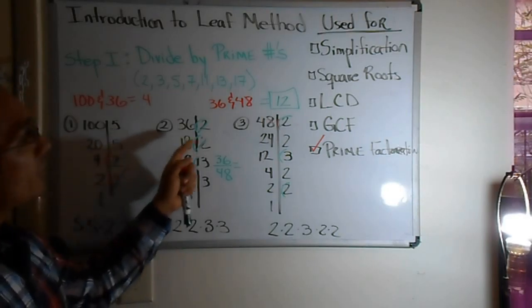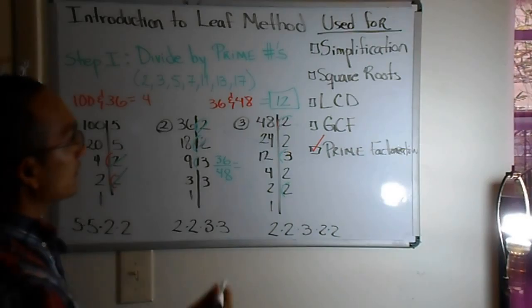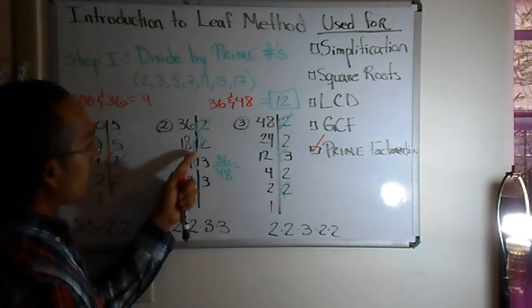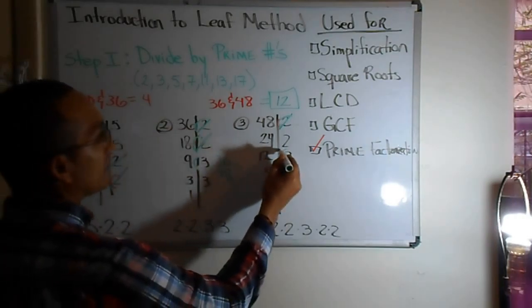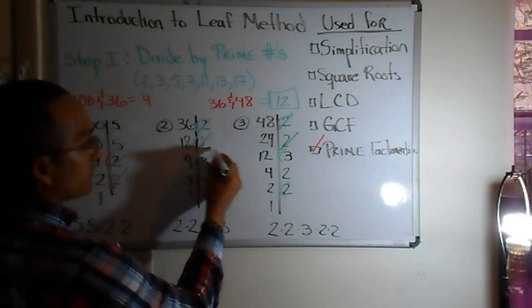Between 36 and 48, what are the factors that are the same? Well, this 2 is the same thing as that 2. That 2 is the same thing as that 2. That 3 is the same thing as that 3.